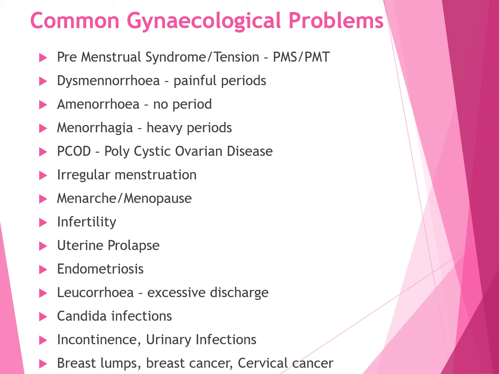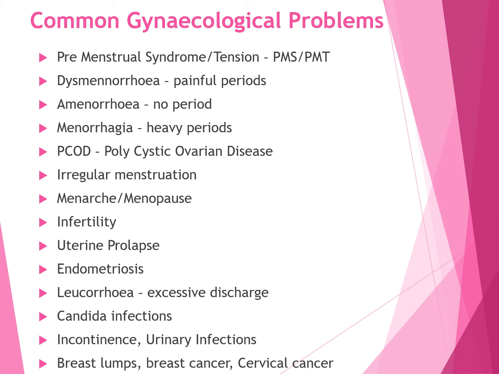Infertility: the conception is not there after trying for 1 year. Uterine prolapse, that I have shown you in the second slide, is when the uterus comes downward. Many times it comes out from the vagina.